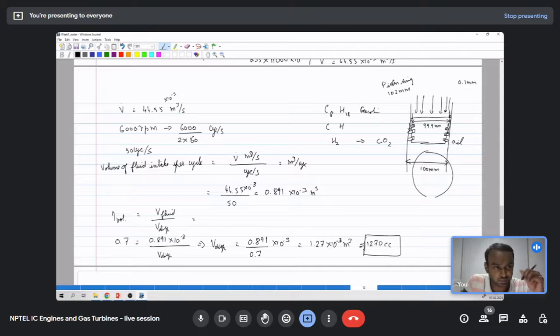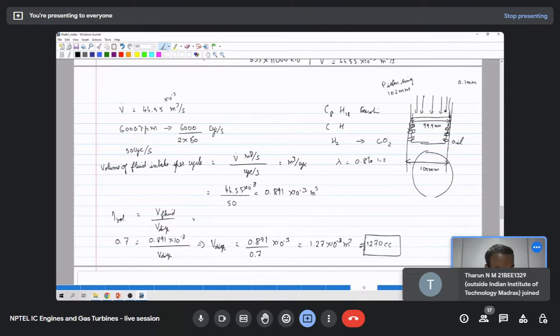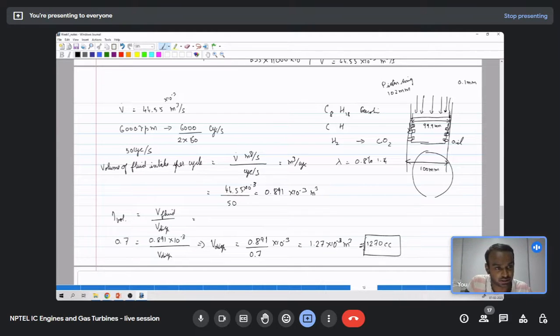You would be knowing the flammability limit of a fuel, which is in terms of lambda. It will be say 0.8 to 1.2 or 1.4 for gasoline. If you go too lean or too rich, the gasoline will not burn at all. That is why we have a throttle to reduce the airflow rate when we want a low load power output.